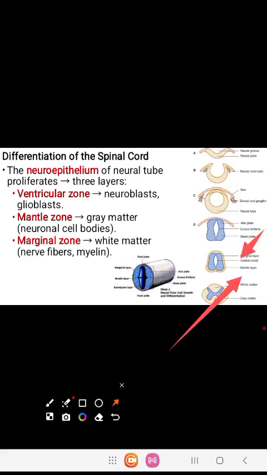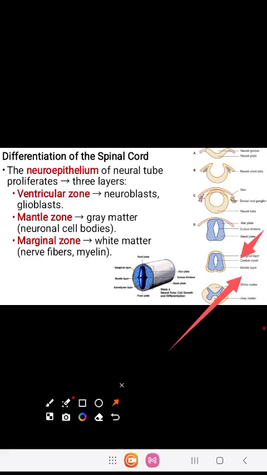So the ventricular zone will eventually have some populations of cells, which are the neuroblasts, which will eventually become neurons, and another population of cells, which are referred to as the glioblasts.